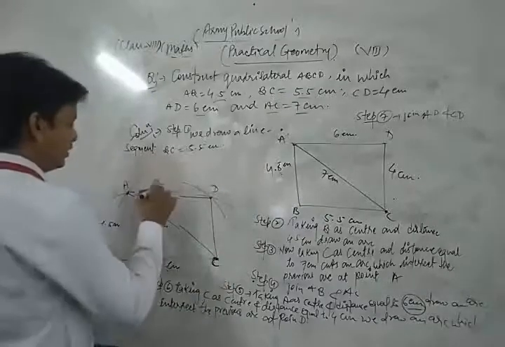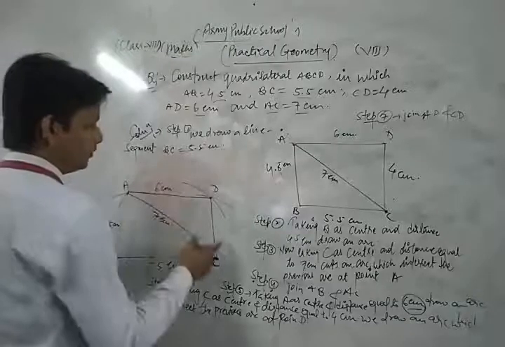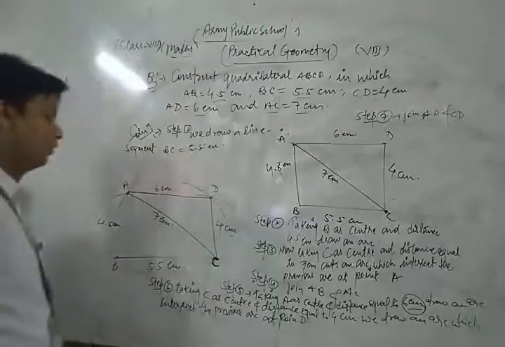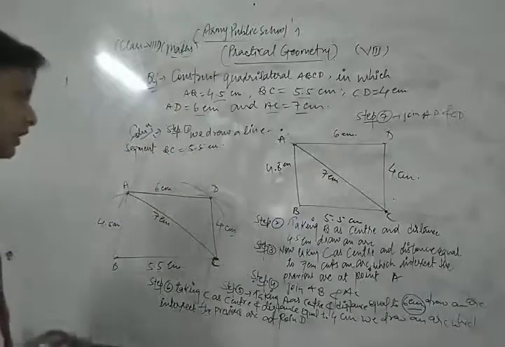AD is what? 6 centimeter. CD is what? 4 centimeter. Okay.